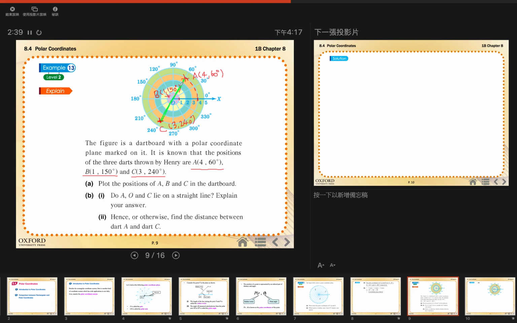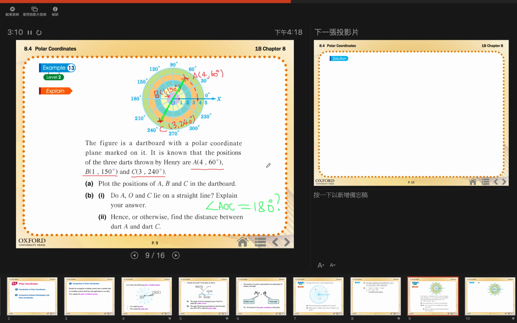How do we check if they are a straight line? You have to think about their angle and check if angle AOC equals 180 degrees or not. If it equals 180 degrees, then they form a straight line. If not, then they do not.